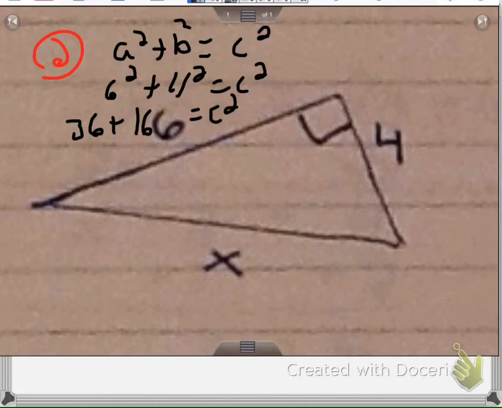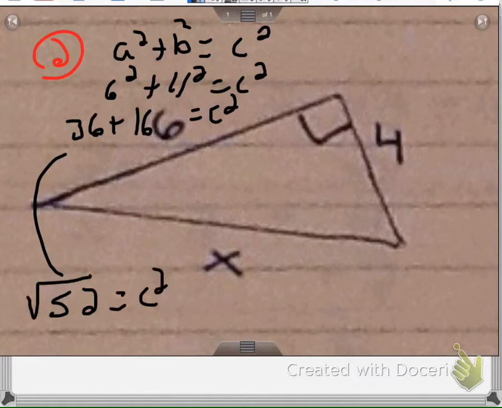And 36 plus 16 is equal to 52. I'm going to come down here. 52 equals C squared. Notice it's still C squared, it's not C yet. Square root. The square root of C squared is C. And the square root of 52 is about 7.2. Okay?